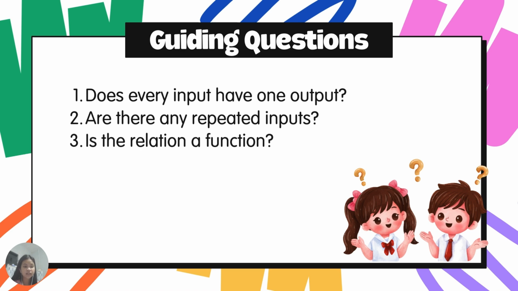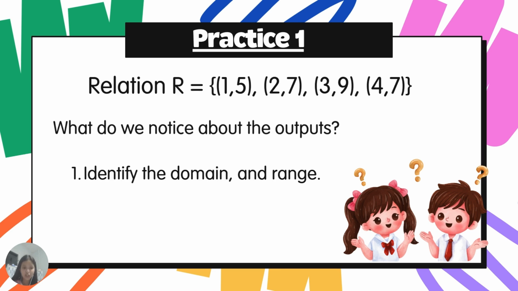Okay? So let's look at another relation to see how repeated outputs affect whether it's a function or not. So here is the new relation. Let's identify first the domain, range, and whether it's a function. So using your guide questions, you can clearly identify the domain and the range of this relation.